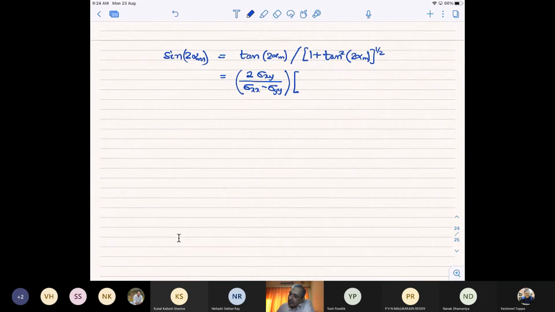So this will be 1 plus 2 sigma xy divided by sigma xx minus sigma yy, whole square, raised to the power of half.